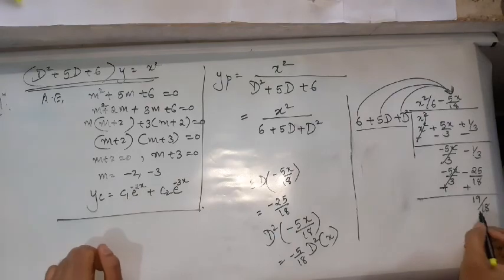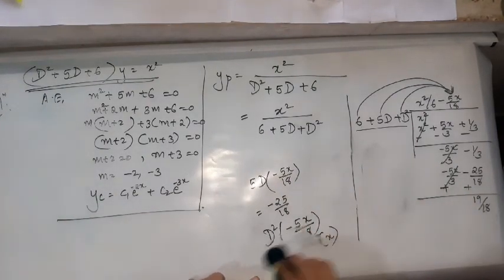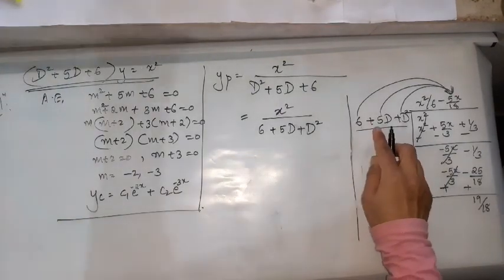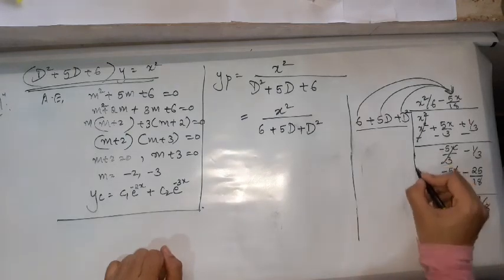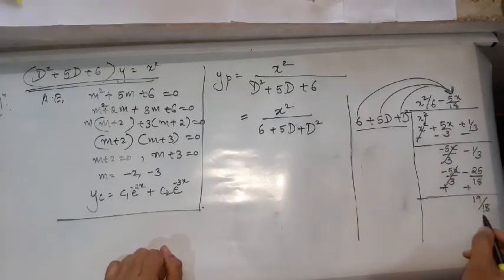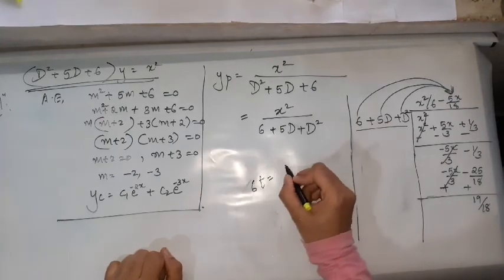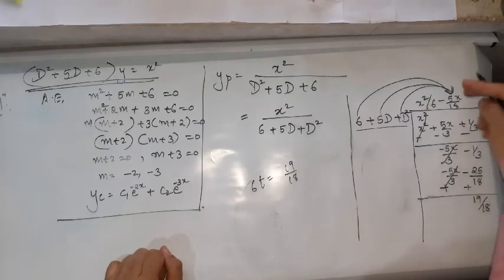Now you should see once again the same thing. You have only a single constant term over here, and you have 6 plus 5d plus d square, right? So you should multiply a term to this 6 so as to get 19 by 18. So again take 6t is equal to 19 by 18, let whatever term should come here be t.